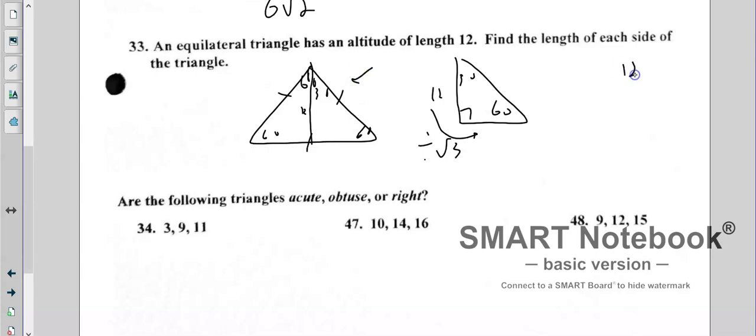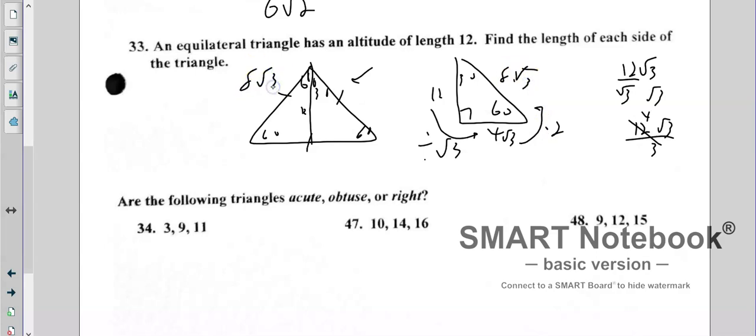So 12 divided by radical 3 needs to be rationalized. So that gives me 12 radical 3 over 3. This becomes 4. So this is 4 radical 3. I double that, 8 radical 3. So that means each of these sides of this triangle is 8 radical 3.